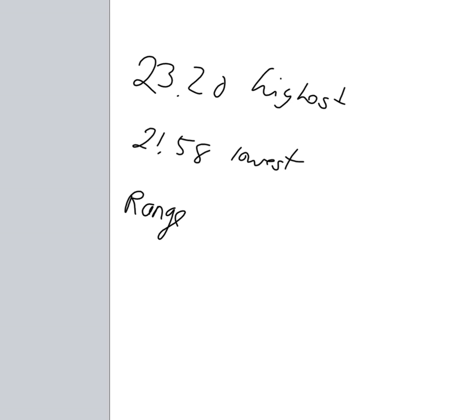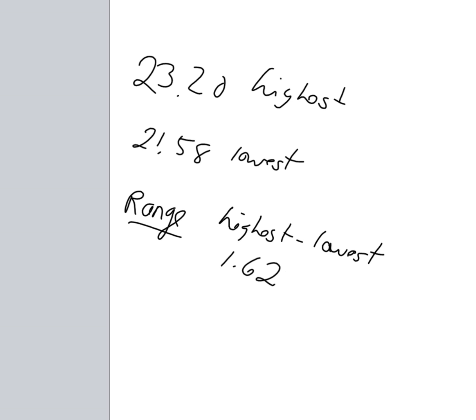The range is the difference between the highest and the lowest. In this case, the range is $1.62. Depending on your stock, your range is going to be small or bigger. It really just depends on your stock.